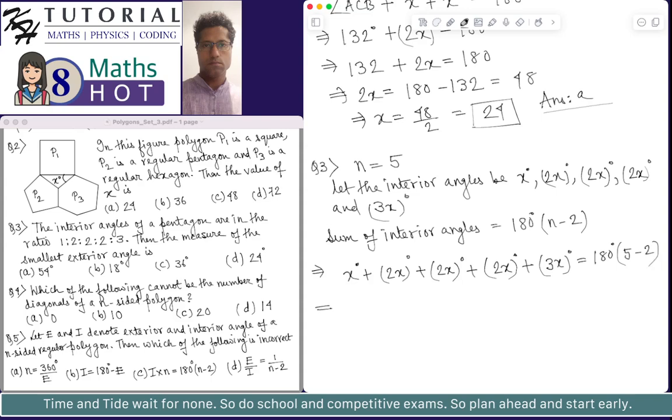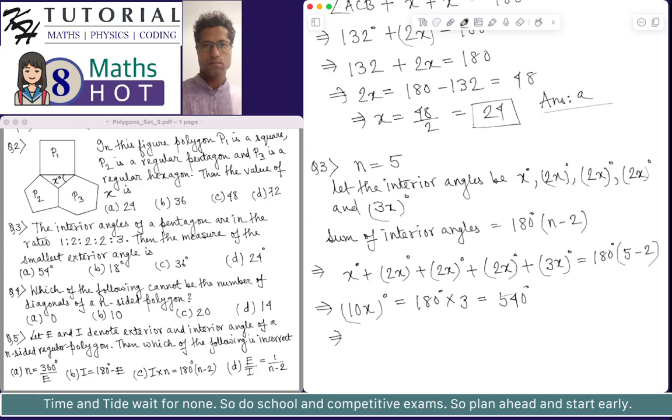So this implies, if we simplify the x terms on the left hand side, we get 2x, there are 3 2x, that is 6x, and 3x, 9x, we get 10x degree is equal to 180 degree multiplied by 3, this is equal to 540 degree.